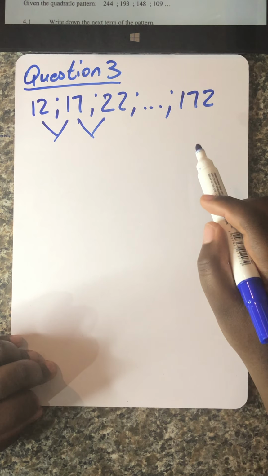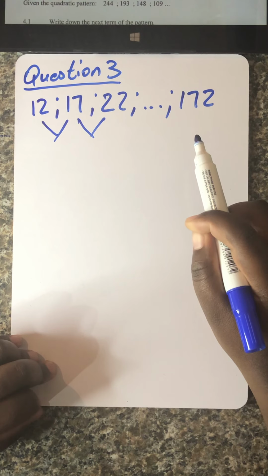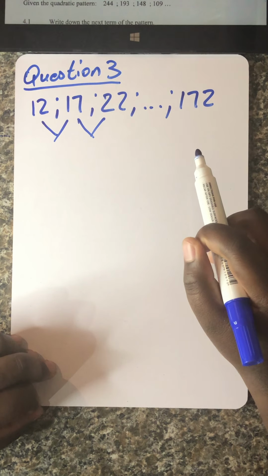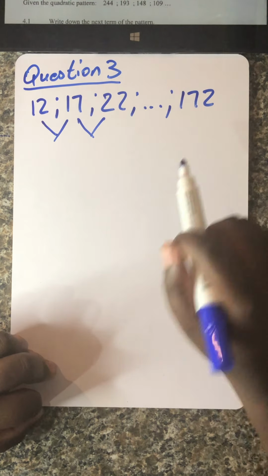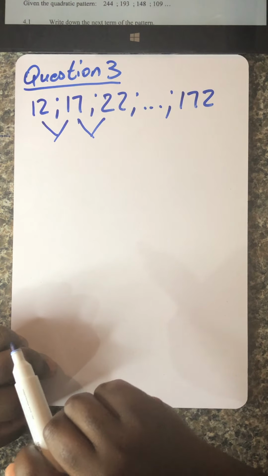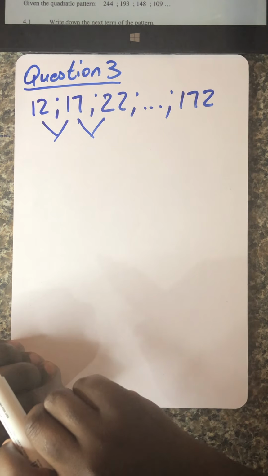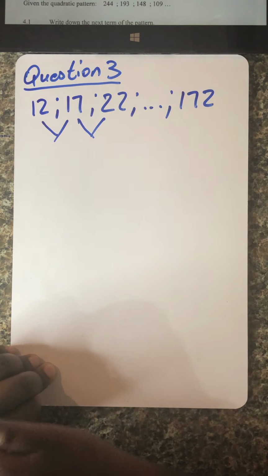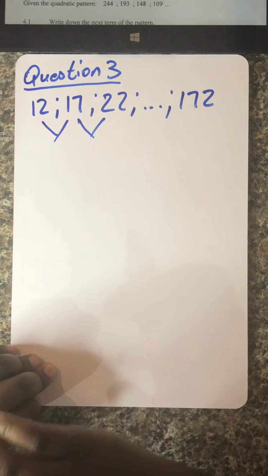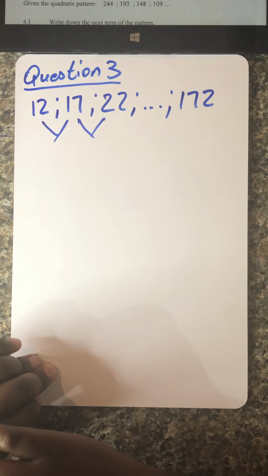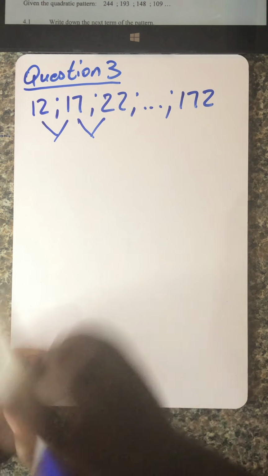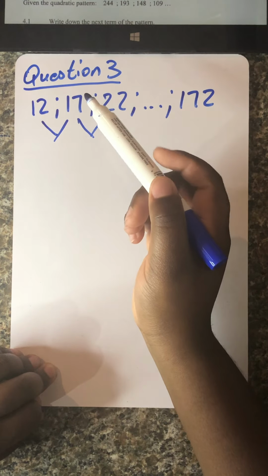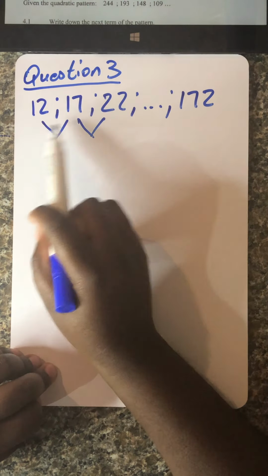Most importantly, guys, for you to know if a pattern is an arithmetic pattern, in most cases you are given the first 3 terms. You will notice shortly why you're given the first 3 terms. So let's try to find the difference of this pattern and see if we've got a common difference.